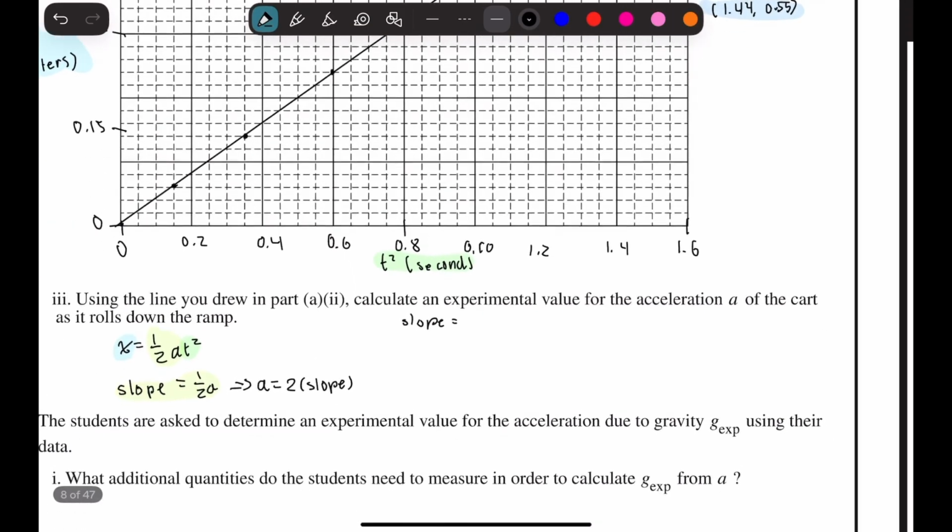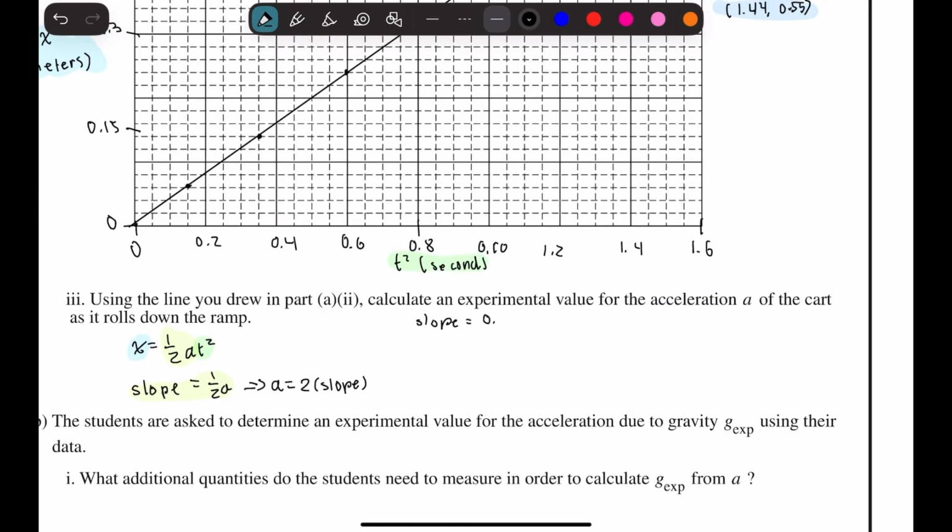So now doing this, we have 0.55 minus 0.06, divided by 1.44 minus 0.152. If you type that into your calculator, you have 0.49 over 1.288. That's approximately 0.38 meters per second squared.